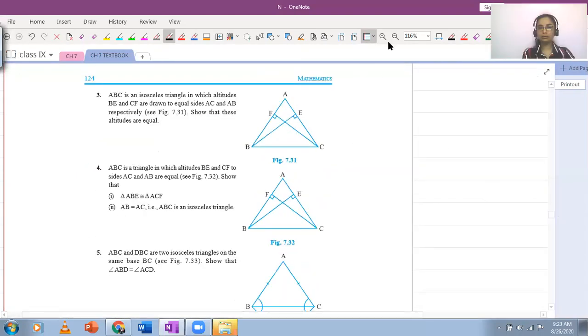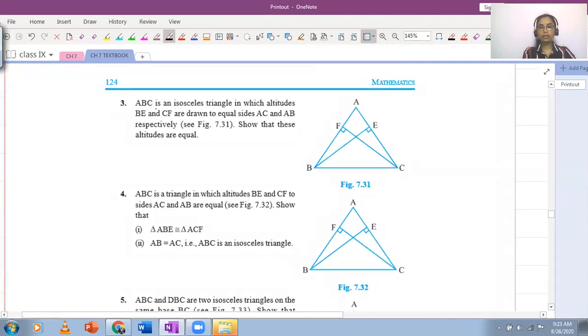So question number 3. Triangle ABC is an isosceles triangle. That means two sides are equal. And you can see it's written here. The sides which are equal, AB and AC. These are the two sides which are equal.